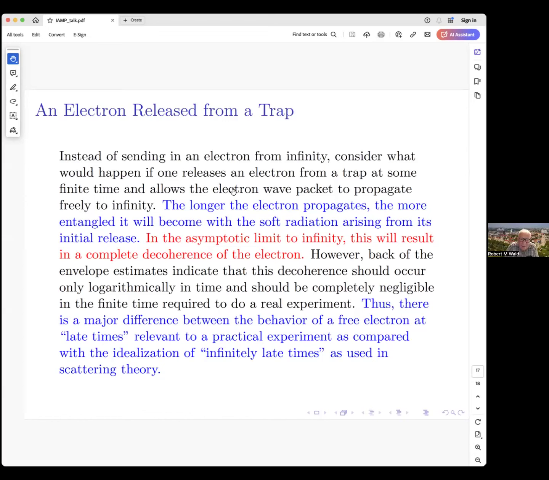No, certainly it shouldn't be impossible in principle to detect it, but this would be a much smaller effect than things like wave packet spreading and so on when one has released it.